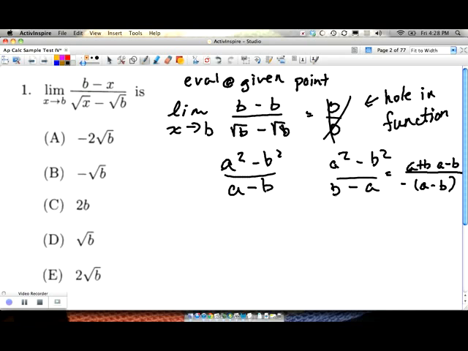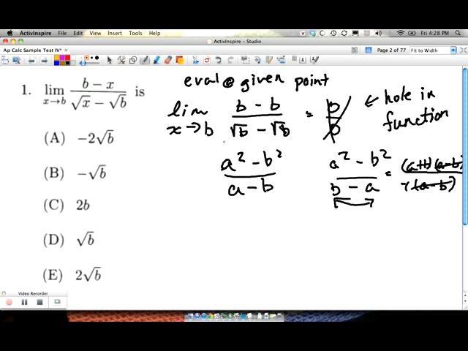You can always swap the order of a difference, in this case b and a, if you take out that negative. And then we could reduce with this top factor, leaving just a negative 1 on bottom and a plus b on top. So we have all this going on in the same problem.